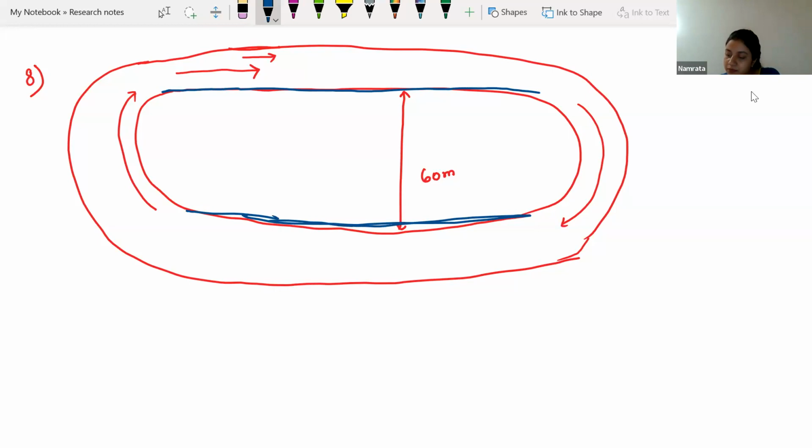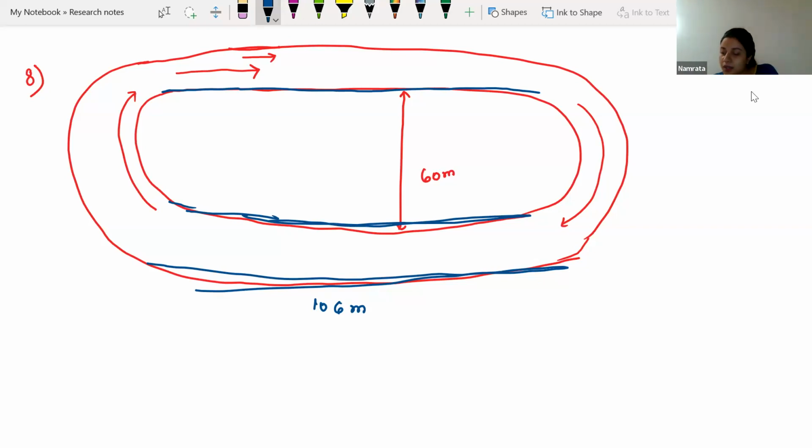And they are 106 meter long. So the length of this straight portion is 106 meter. So these parallel lines are 60 meter apart from each other, and each is 106 meter long.